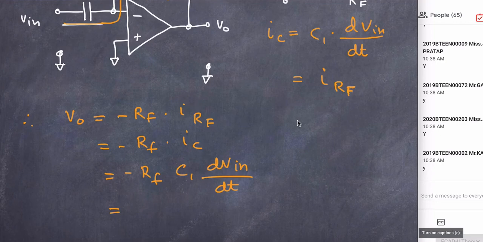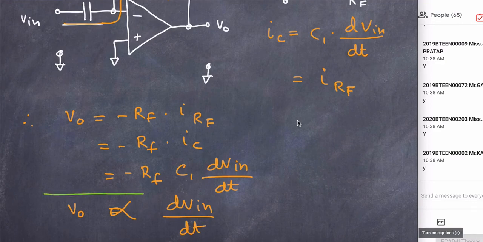So you can find VO is proportional to dV in by dt. So this circuit works like a differentiator. The output is proportional to the rate of change of input.